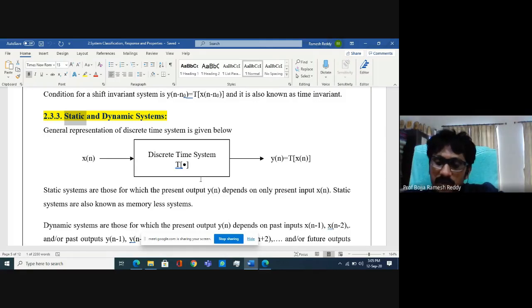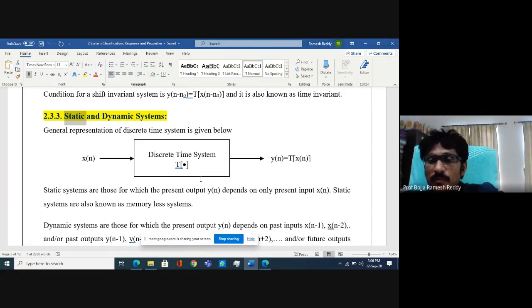The meaning of that is that the present output, whatever you are storing in your brain, depends on the present input. What I am telling now is what you are understanding now. Such systems are called static systems, not dynamic. Static systems are those where the present output depends on only the present input.